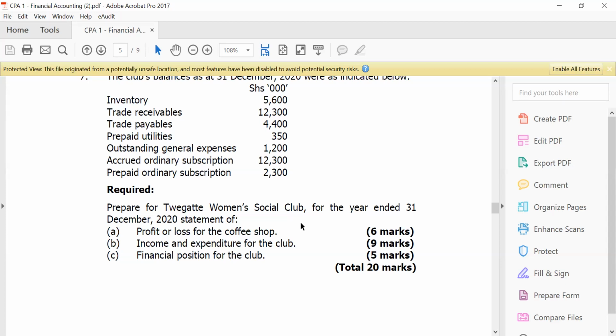So we are seeing 6 marks, 9 marks, and 5 marks. I hope that we've been able to appreciate the question. If we have, let's get down to attempting the question as it has been requested.